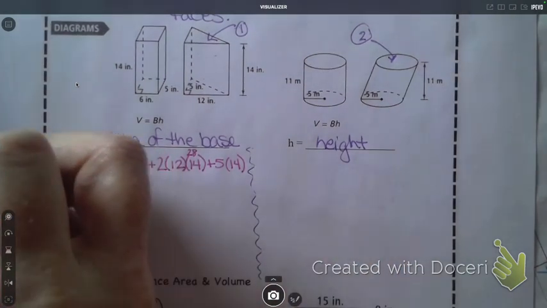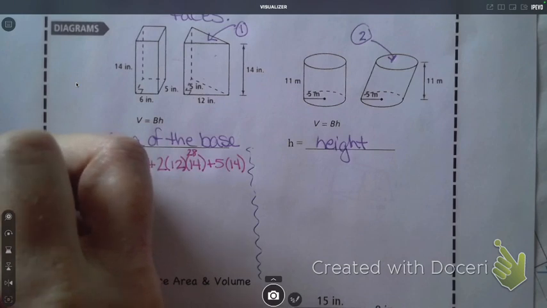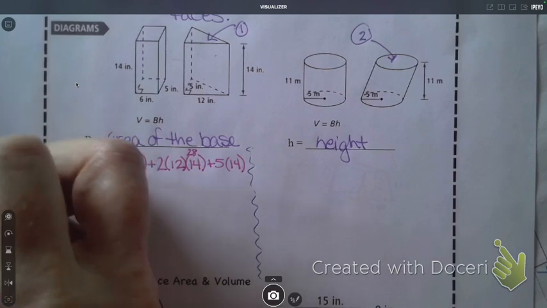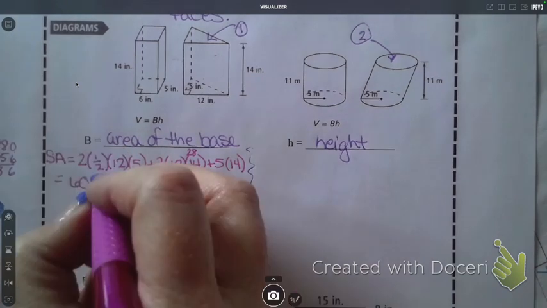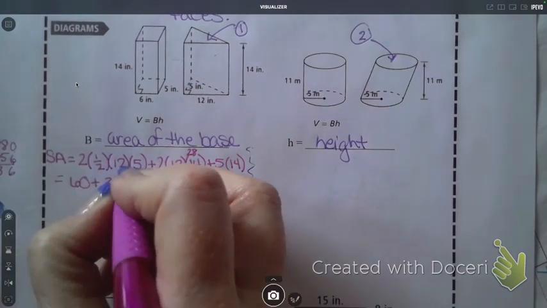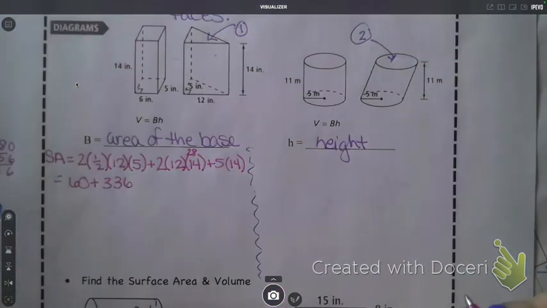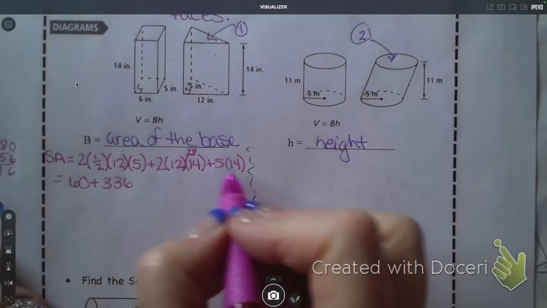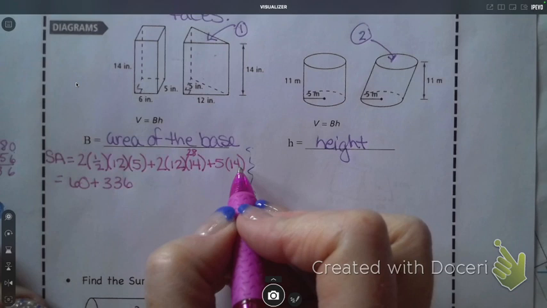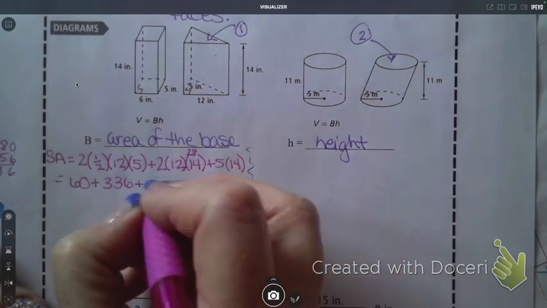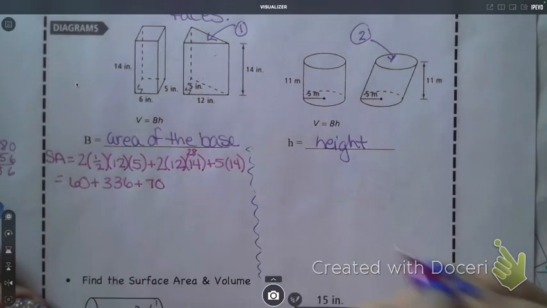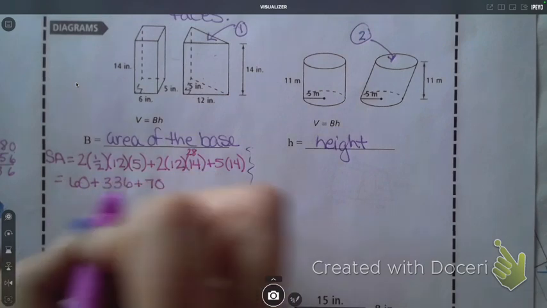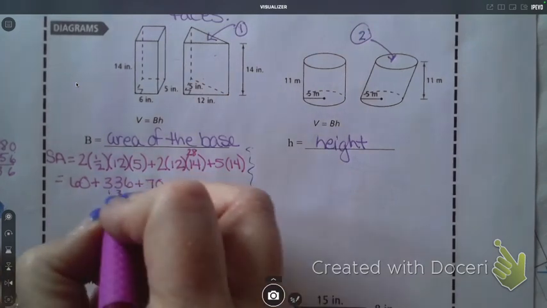I got 336. Okay, so 336. And then 5 times 14 is 70. And 70 plus 60 is 130, right?